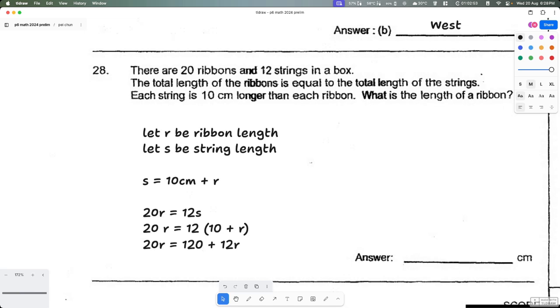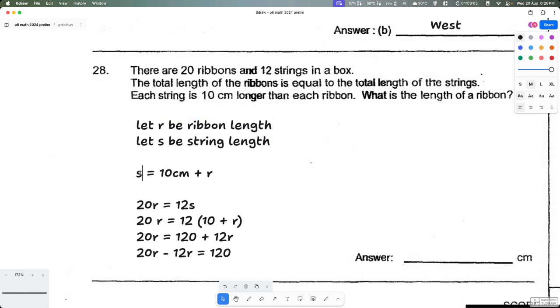So that means 20R minus 12R is equal to 120. So let me just double confirm. One string is 10 centimeters longer than each ribbon. So 20R is equal to 12S, 12S is 120 plus 12R. Okay, great. So everything looks good. So that means 8R is equal to 120.